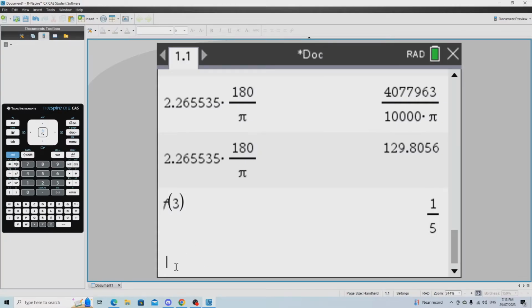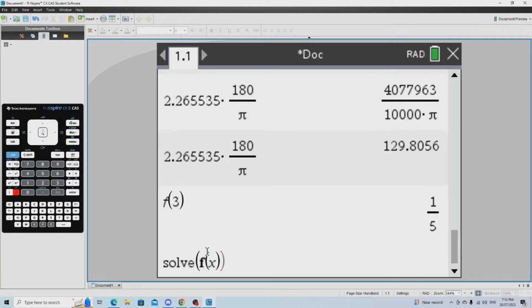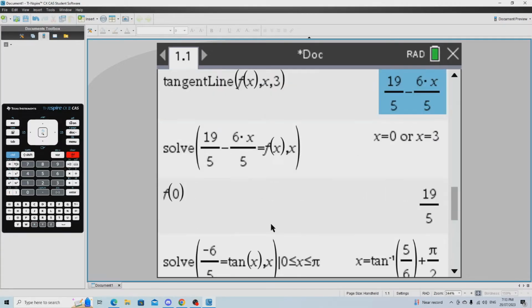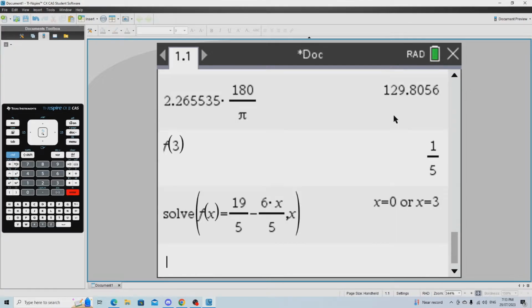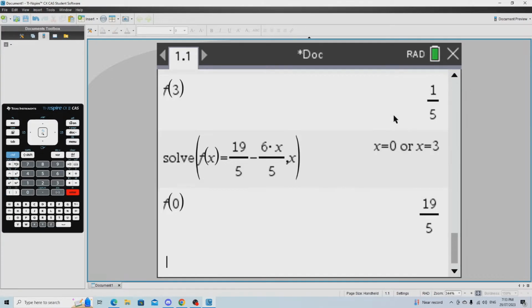So, to double check, I'm going to solve where f of x intersects the graph, which is this one over here. We say f of 0 and f of 3.